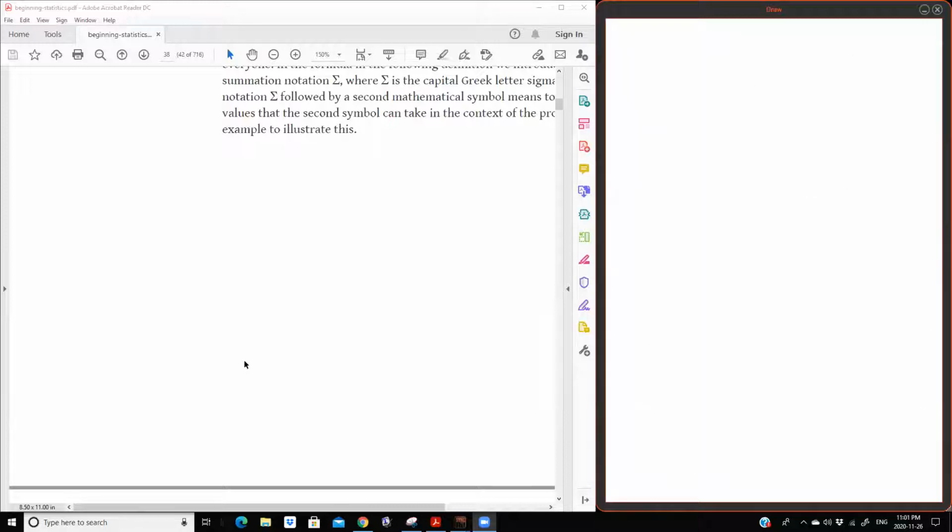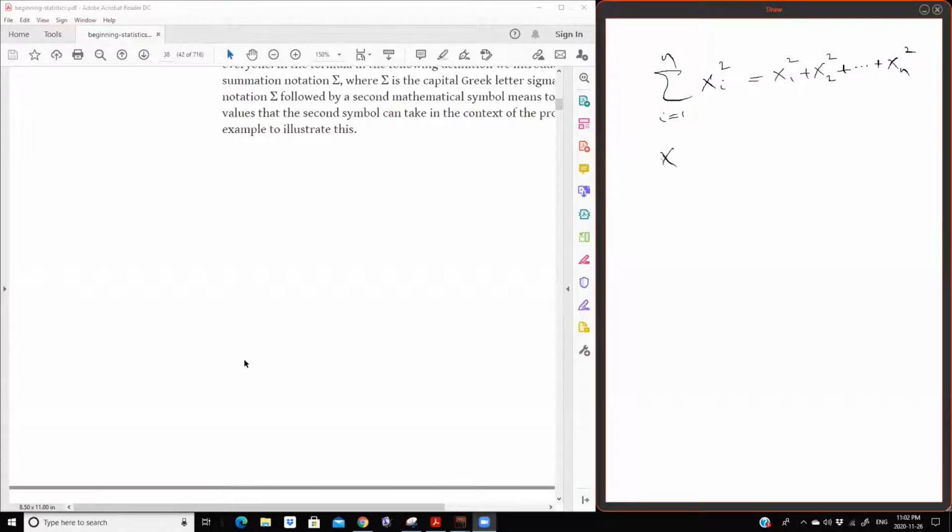Another example: sigma xi squared, i from 1 to n, means x1 squared plus x2 squared all the way to xn squared. Are we good?